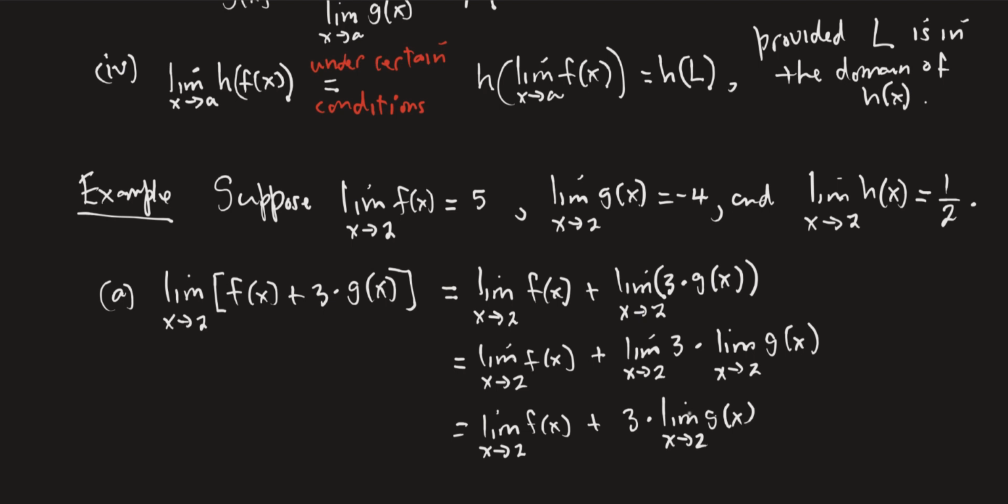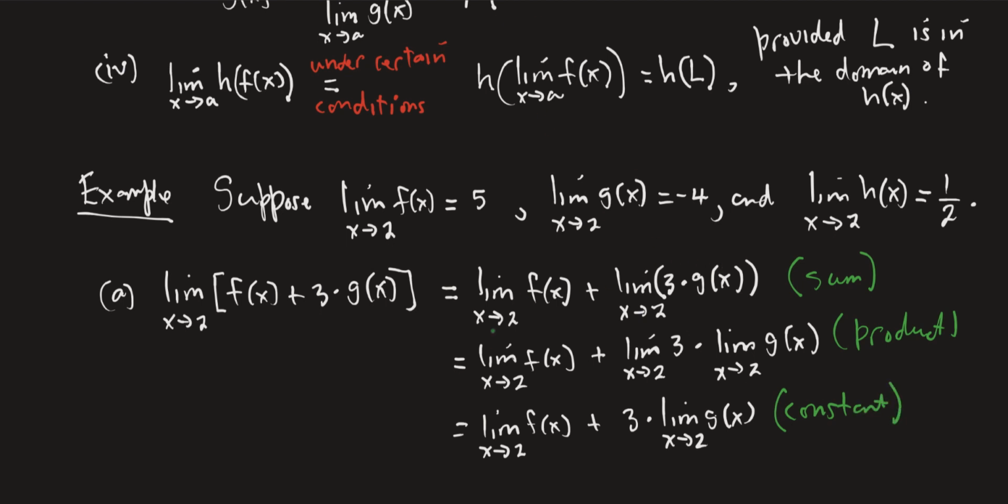All right, and in fact, let me annotate this. So this is the sum property. This is the product property. And here, because 3 is a constant, I'll just call that the constant property. And that's what we're using.